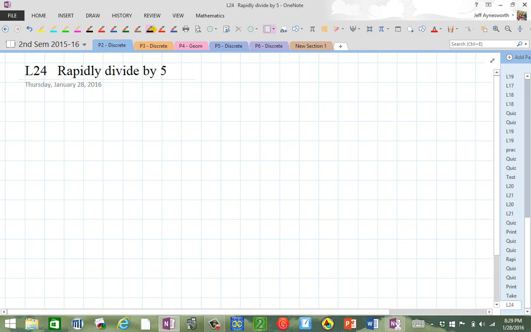So what we have to understand, here's the key concept, is that dividing by 5 is the same thing as multiplying by 1/5. So let's write that down.